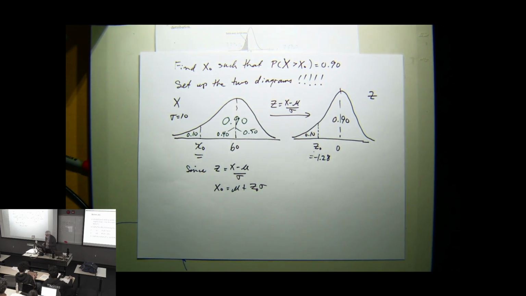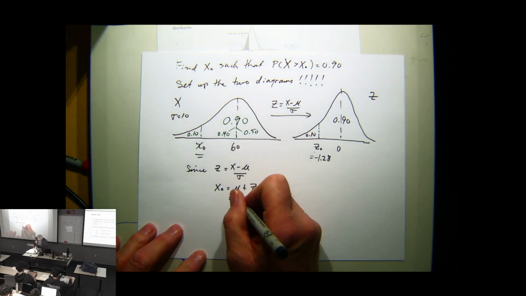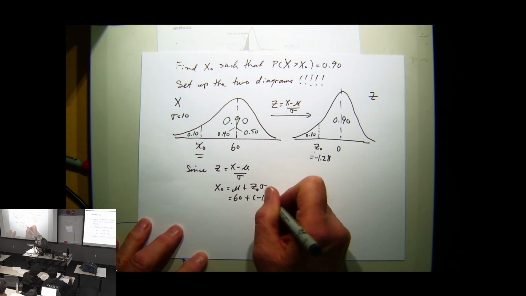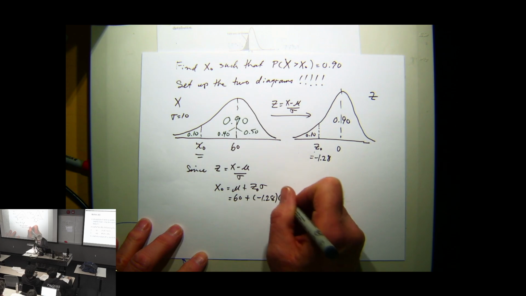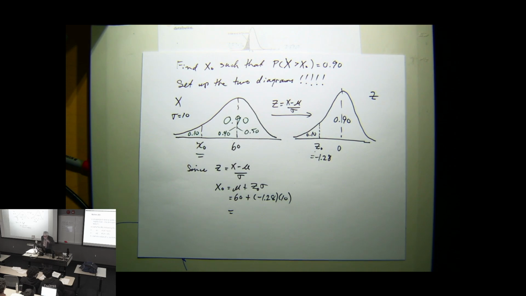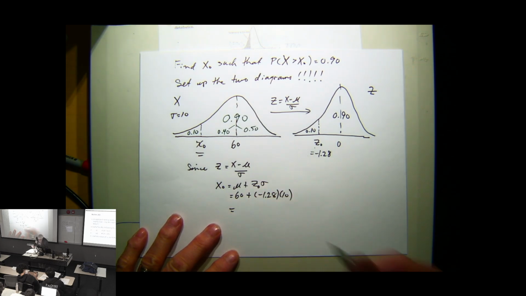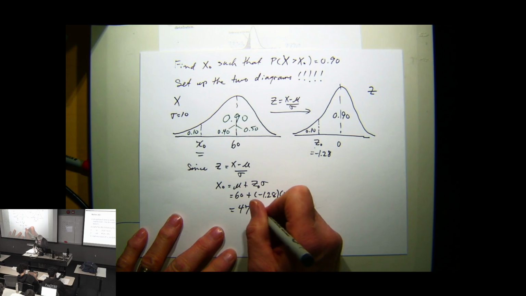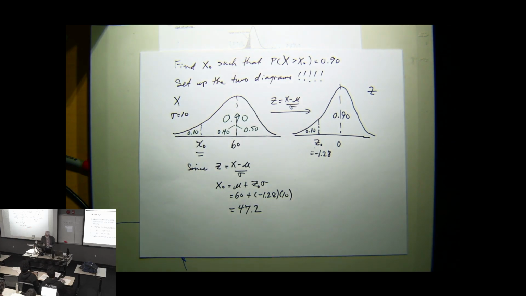So just rearranging things in terms of X. And then this is going to be 60 plus negative 1.28 times 10. And let's see, negative 12.8, what's that going to be? 47.2? Did I work that out right? 47.2.